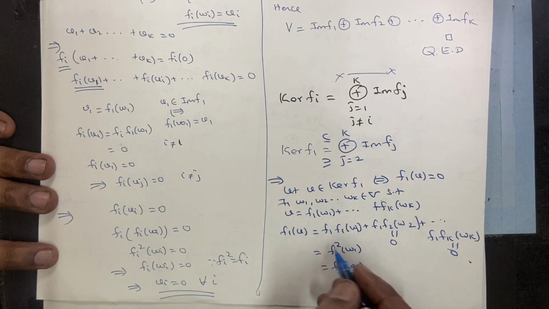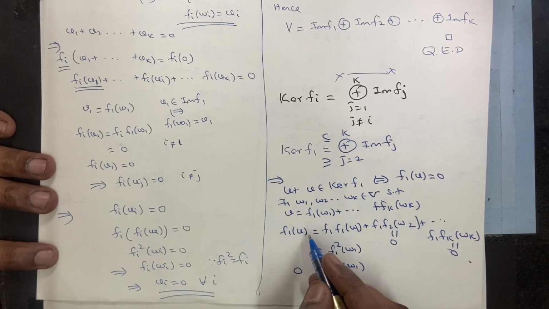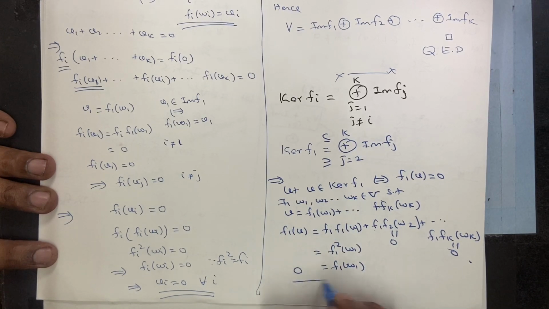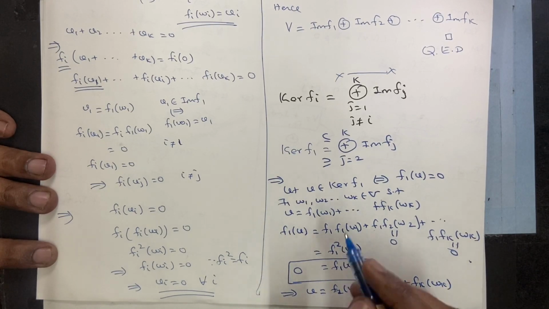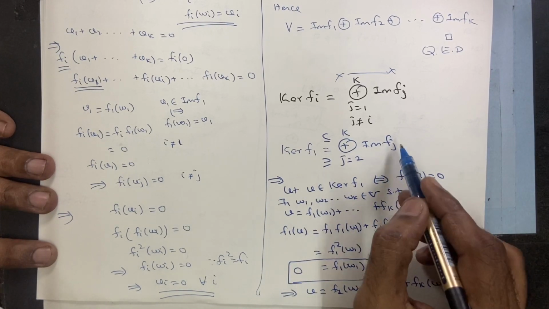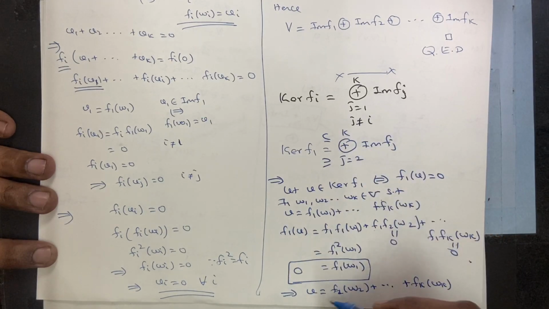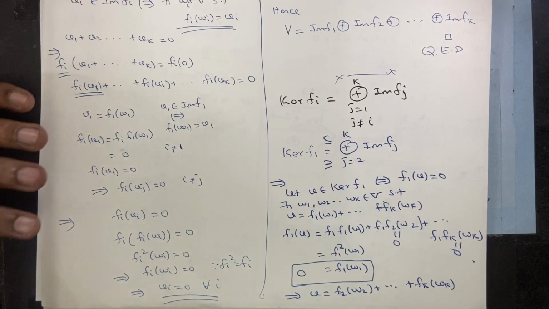And what is the left hand side? The left hand side is 0, because v belongs to the kernel of f1, so f1 of v is 0, and therefore f1 of w1 is 0. This implies v is nothing but f2 of w2 etc. up to fk of wk, and hence we have shown that v belongs to the right hand side.